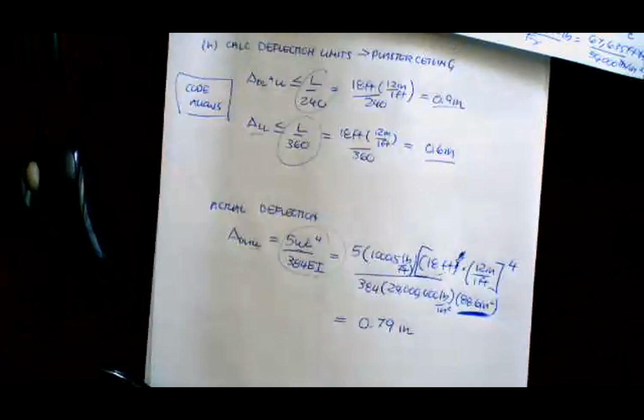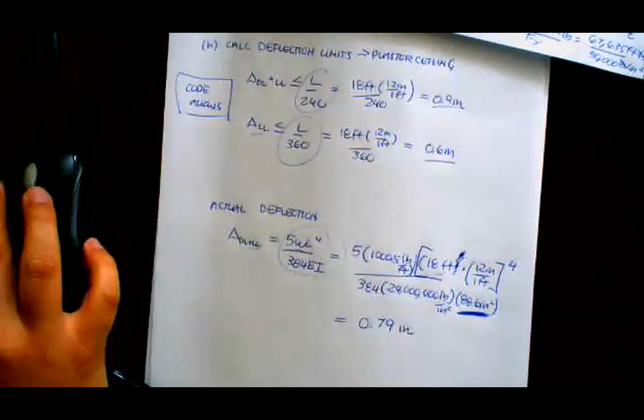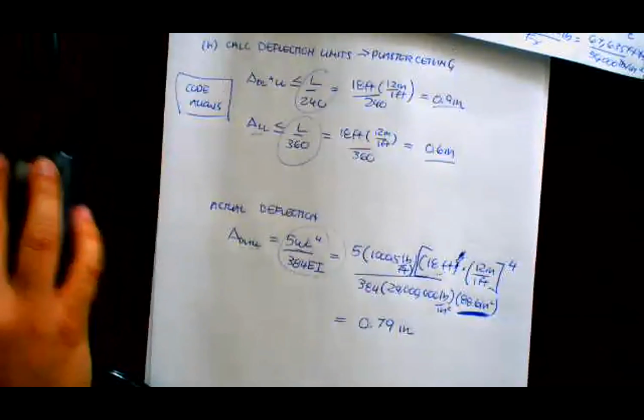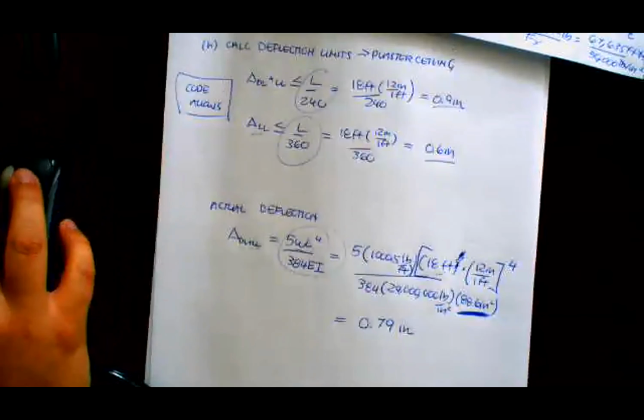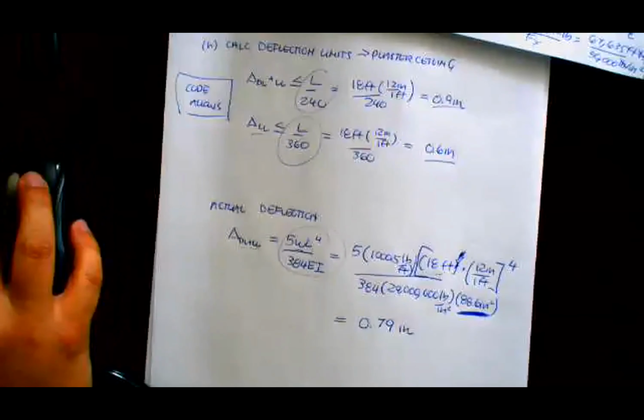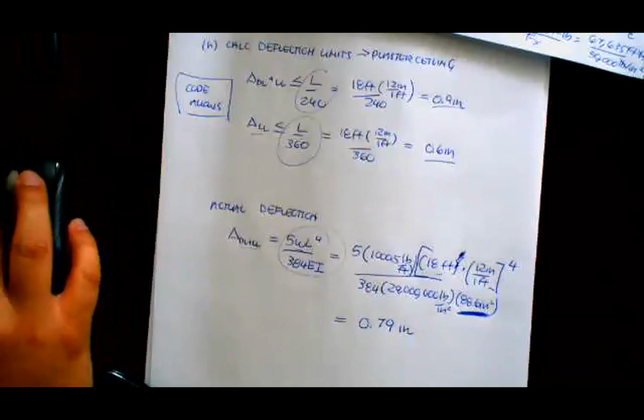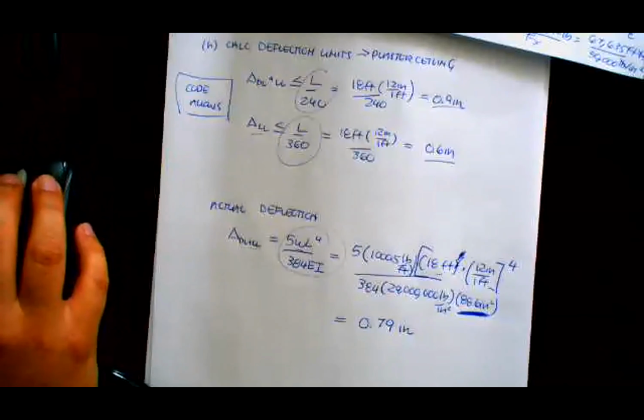What did code allow for my deflection to be, though? Can you unmute yourselves? What did code allow my deflection to be? I think I'm talking to myself at this point. You can unmute yourself.